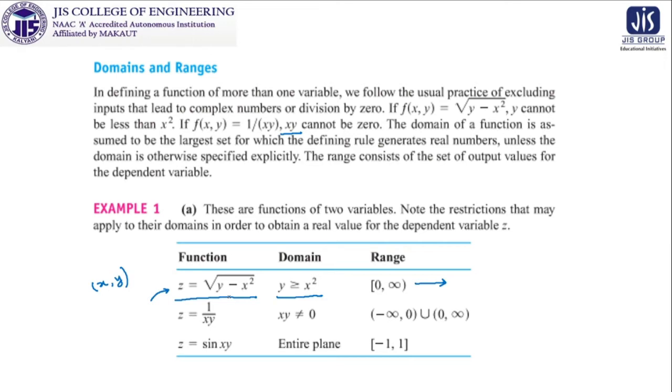Now if the product of x and y is not equal to 0, as prescribed in the domain, how can 1 by a non-zero number be 0? It is not possible. So you will never get z equal to 0 for this function. That is why we exclude 0 from the set of real numbers, and the remaining real numbers are minus infinity to 0 open, union 0 to infinity open.